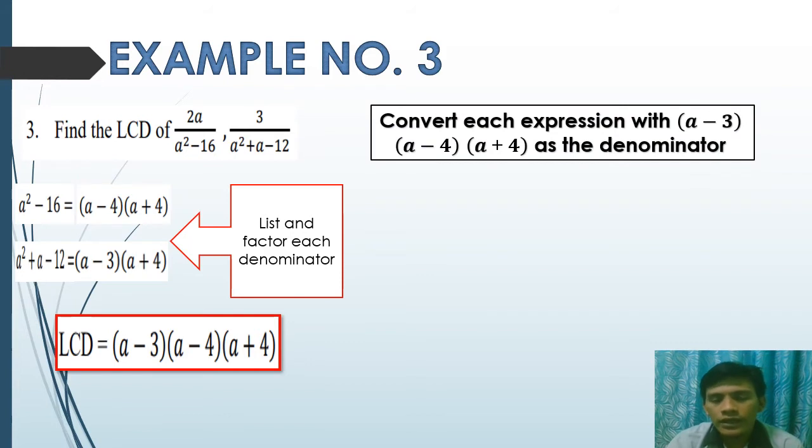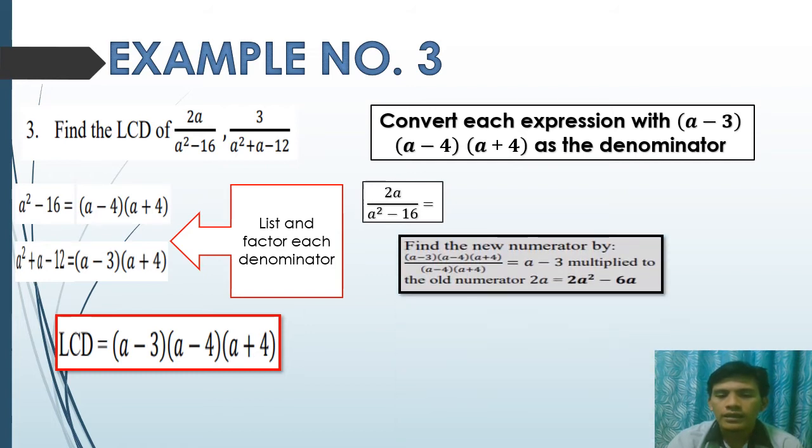We need to convert each expression with our LCD, which is quantity a minus 3, a minus 4, a plus 4, as our denominator. 2a over a squared minus 16. Find the new numerator by dividing the LCD by our denominator, which is a squared minus 16.